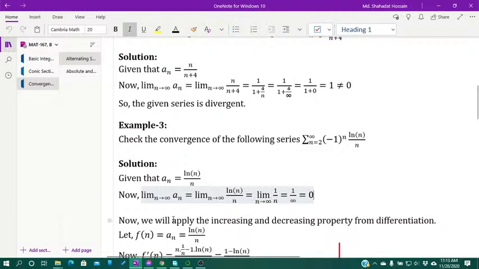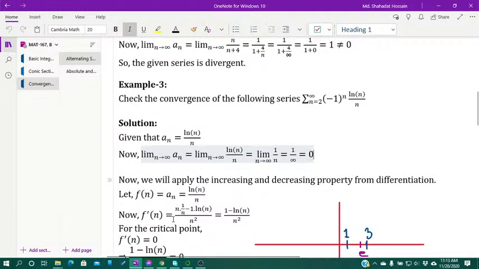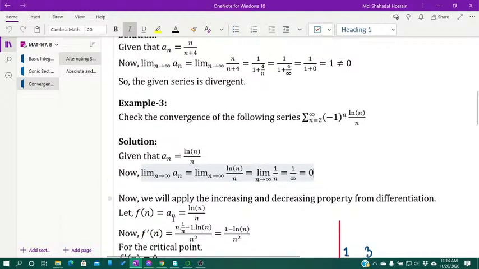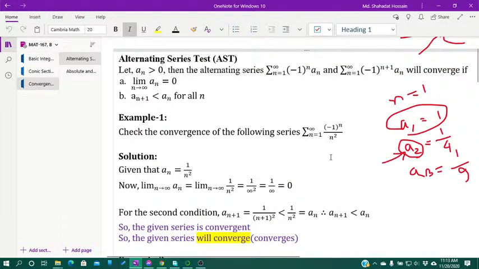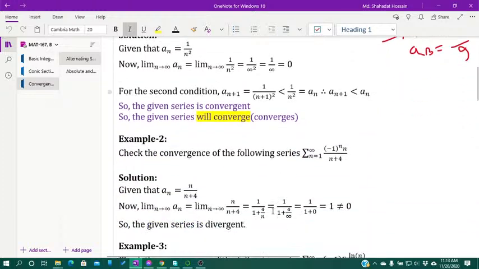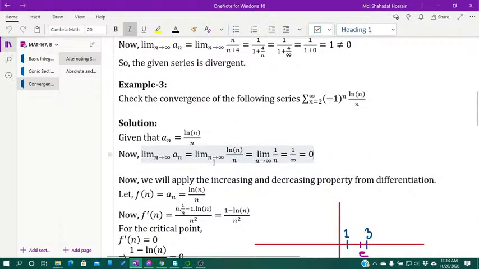Now we will check the second condition, that is whether the series is decreasing or not. In the above example, it was so easy to check the decreasing or increasing nature of a series, but for the third example it is not so easy. So we have to apply the concept of increasing and decreasing property from differentiation.